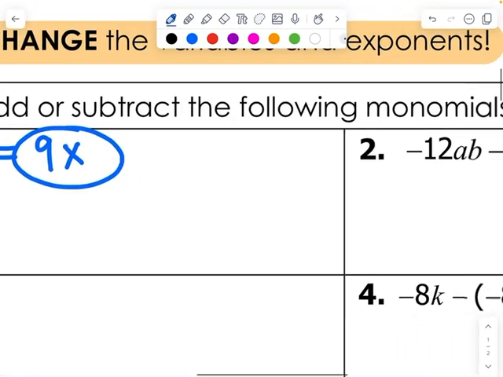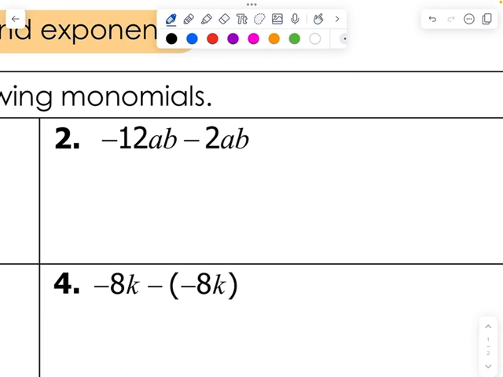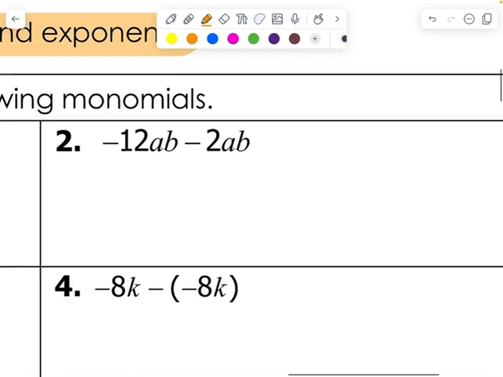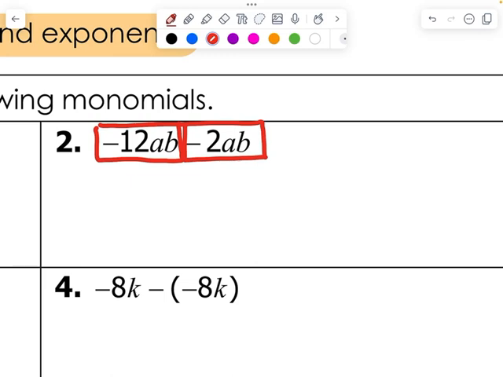Now, over here, we have number 2. Notice how we have this term, this term is AB, and this term is AB. So these are like terms. Negative 12AB is a like term for minus 2AB.